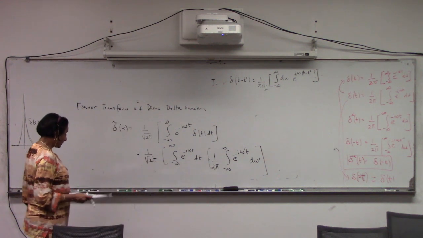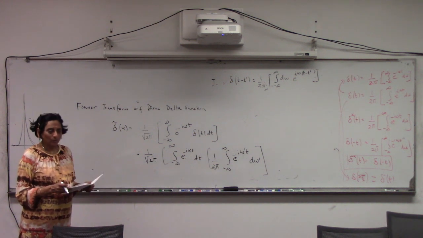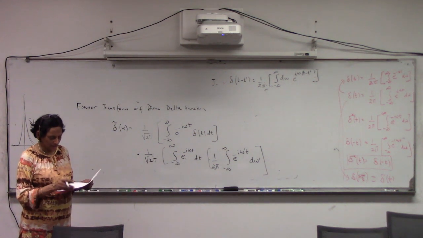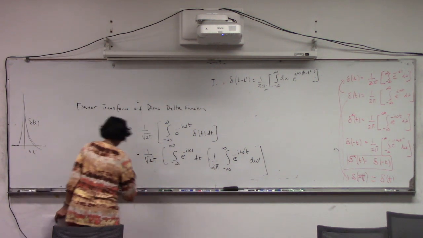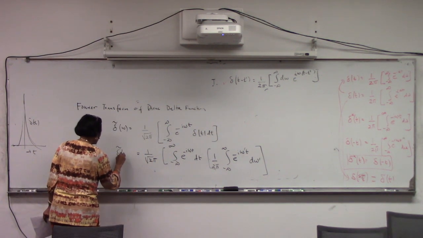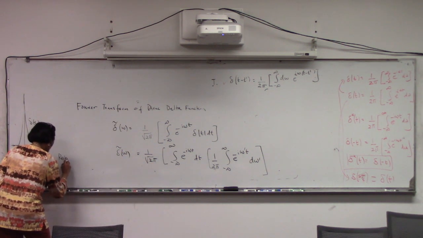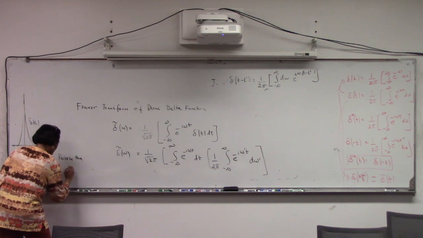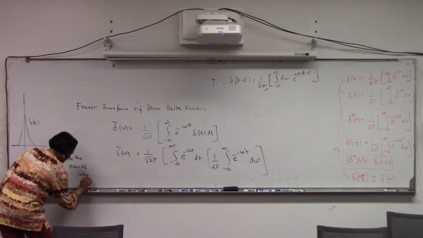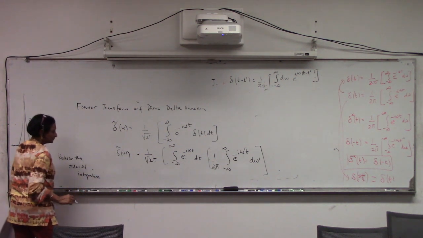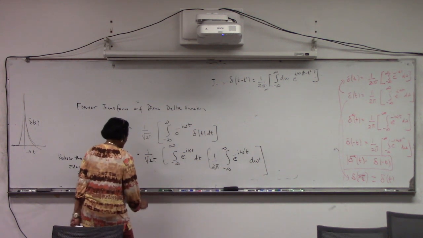As usual, I got a double integration, so I'm going to reverse the order of integration of t and omega. That is always what you have to do when you have something like this. I'm going to do omega first, and then t.